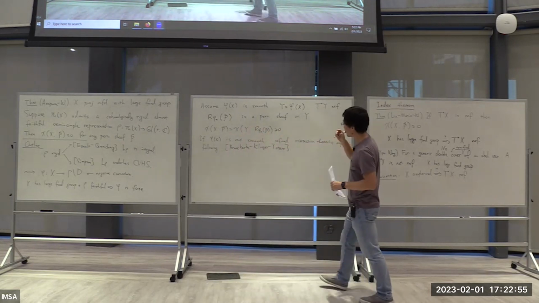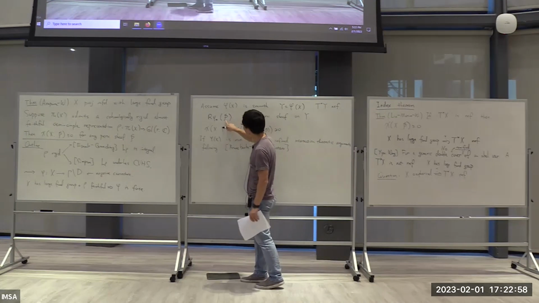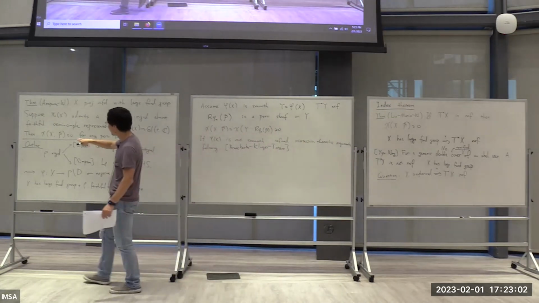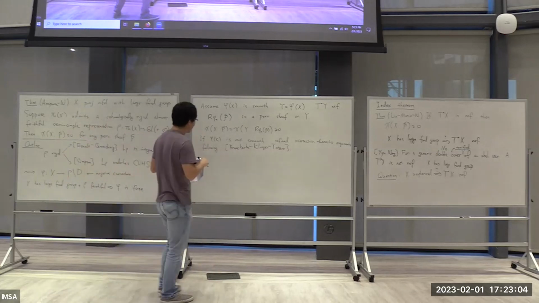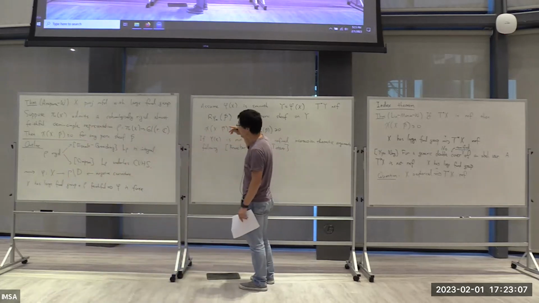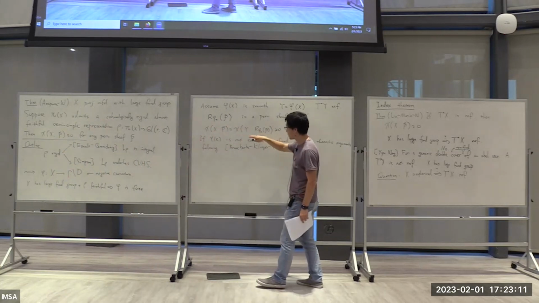Because it's not just about X and the image of X. X is actually carrying a perverse sheaf. So you have to argue quite carefully with the subvarieties of X, because there you have to really deal with the characteristic cycle.